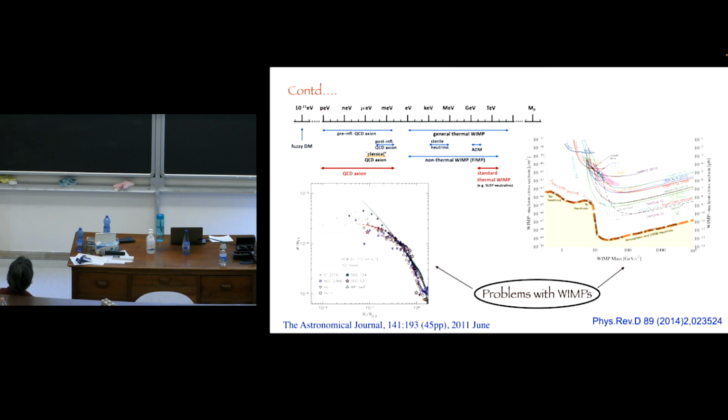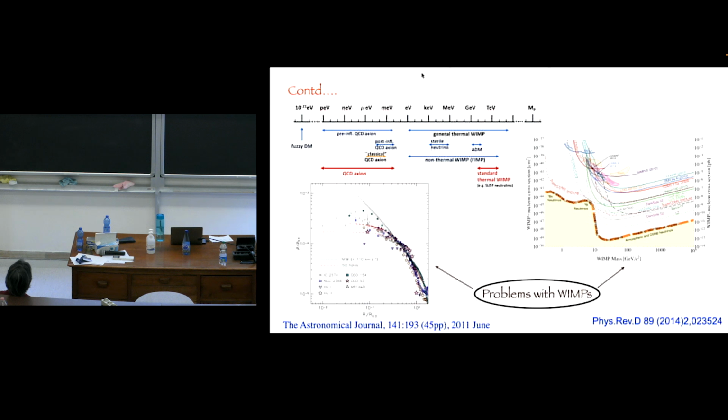If you plot the density against the scale of the galaxy, this behavior is what you get if you assume your galaxy contains standard cold dark matter, the NFW profile. But the observation shows that you have some core-like structure at the one-third kiloparsec scale of the galaxy. This is called the core-cusp problem. It cannot be explained by the standard WIMP particle, so you need fuzzy dark matter.